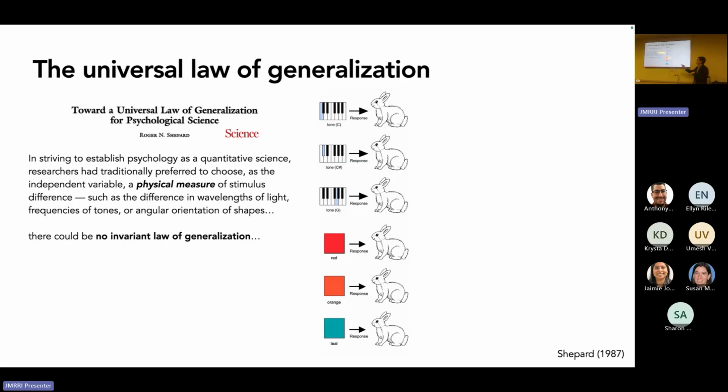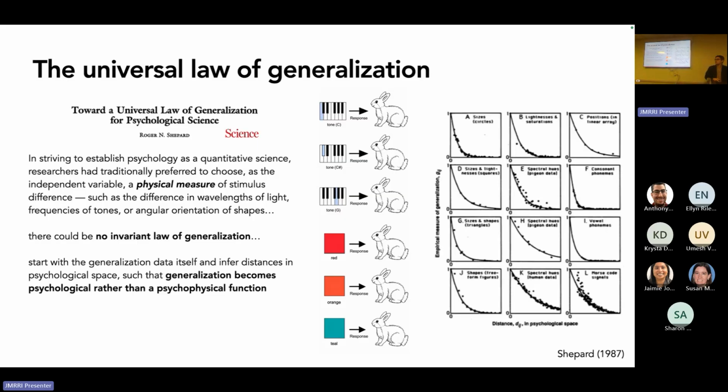Conditioning within the music or tone domain didn't have the same function as in the color domain, or across many other domains like shapes or sizes, or any kind of learning the animal did. There was no universal function, and Roger Shepard thought there should be one, the first law of psychology.